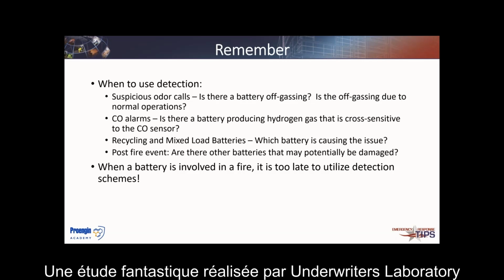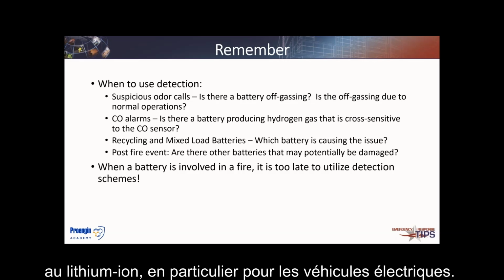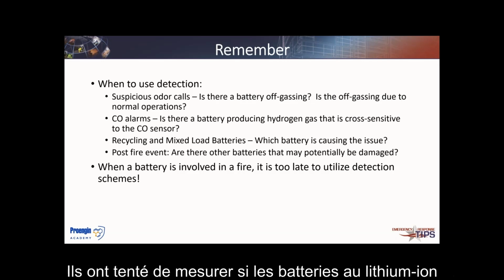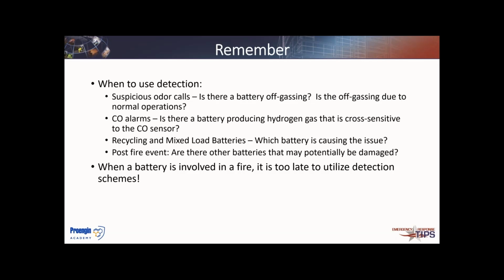I think it was Underwriters Laboratories that did a fantastic study about some of the gases produced in lithium ion battery fires with electric vehicles. They asked whether, outside of the garage door, you could measure that it's the lithium ion batteries causing the problem, or whether it's a traditional fire.